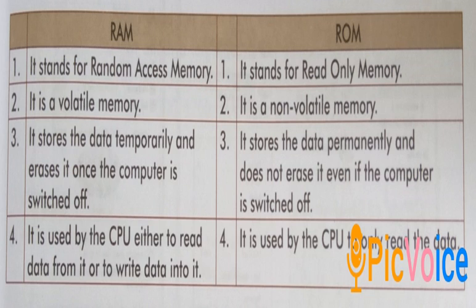Then 3rd, RAM stores the data temporarily and erases it once the computer is switched off. But ROM stores the data permanently and doesn't erase it even if the computer is switched off.